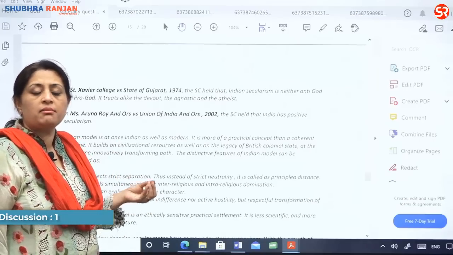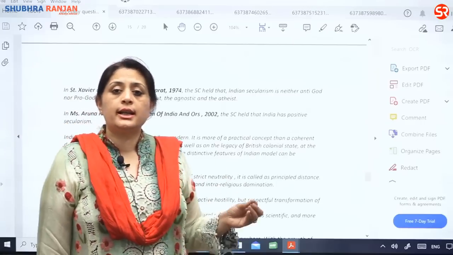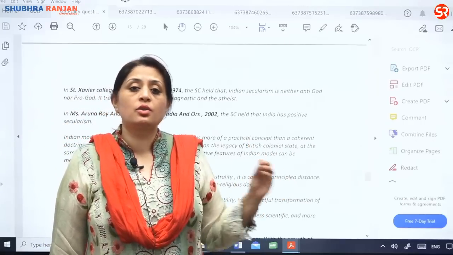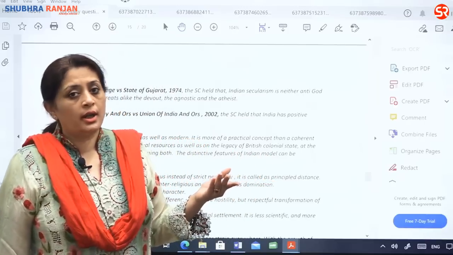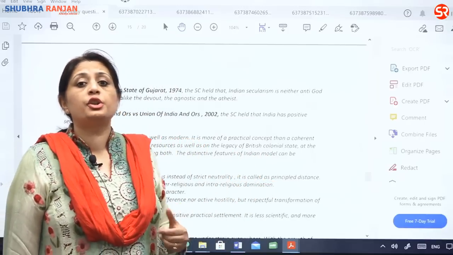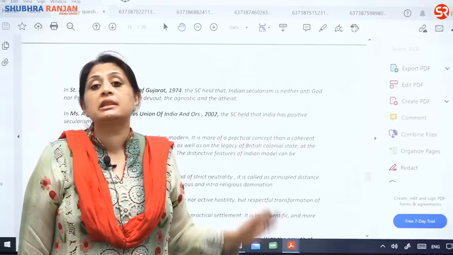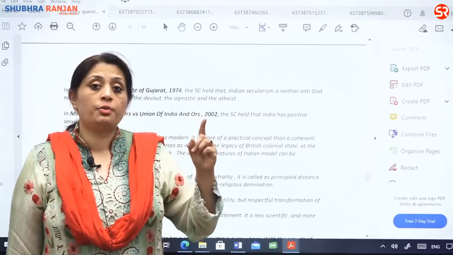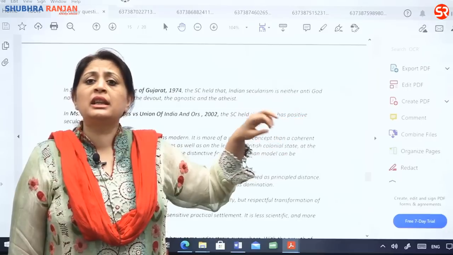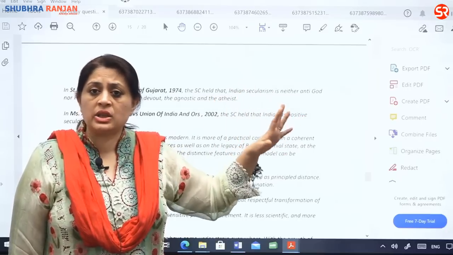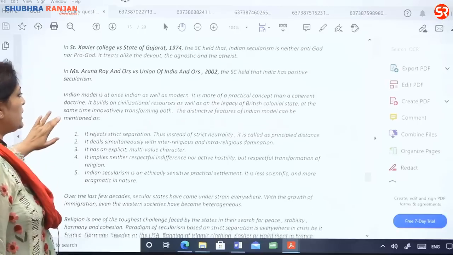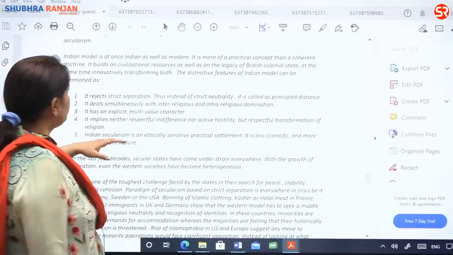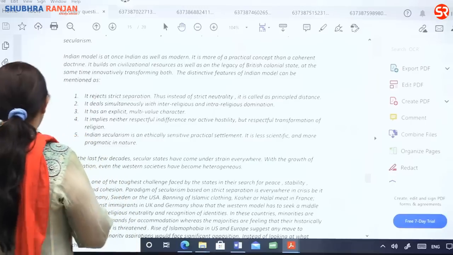Positive secularism means we do not see religion as a negative force, and there is no harm if religious teachings are taught in schools. Though our constitution prohibits religious instruction, it does not prohibit teaching about different religions, great people and prophets. The Indian model is at once Indian as well as modern.